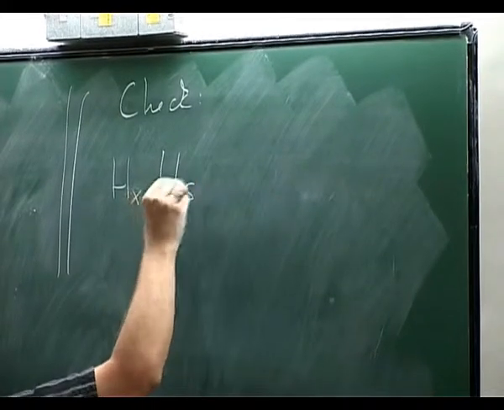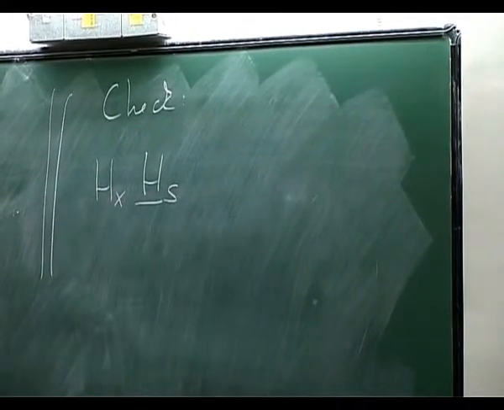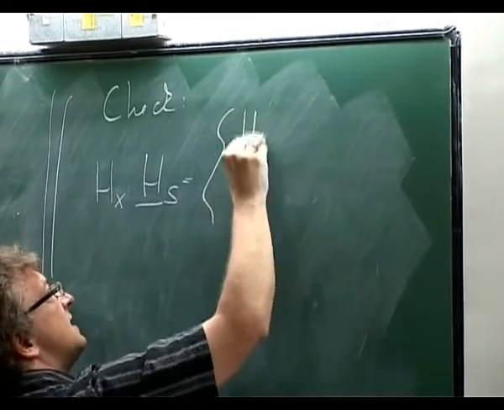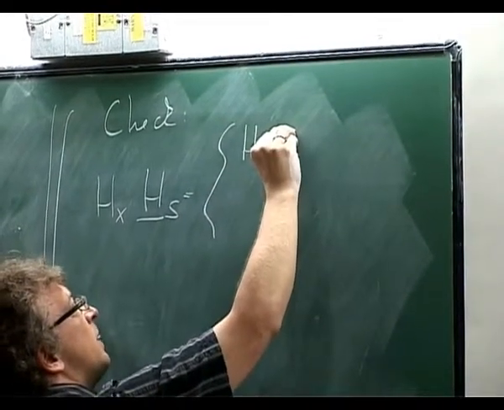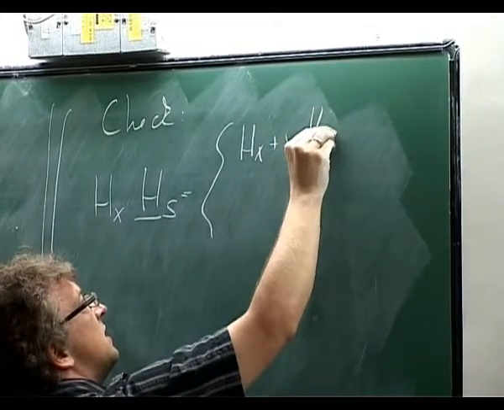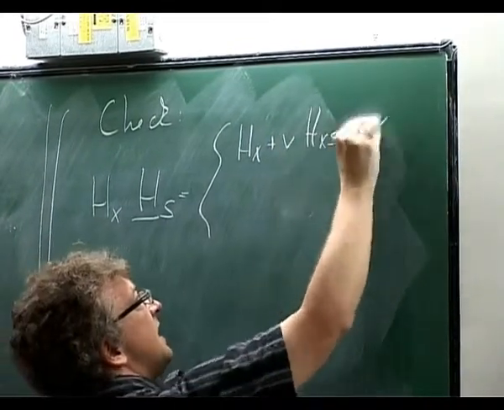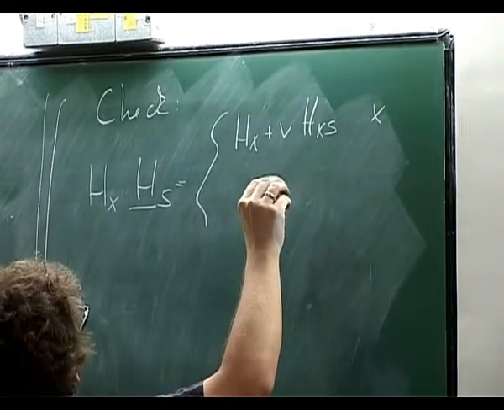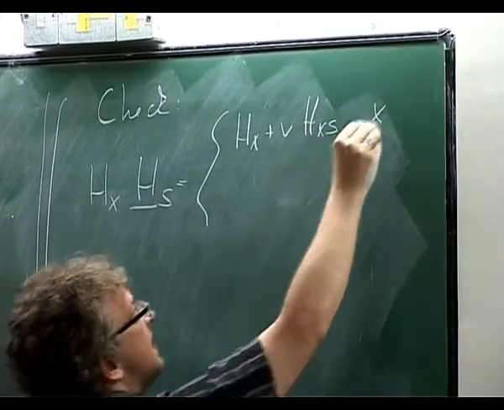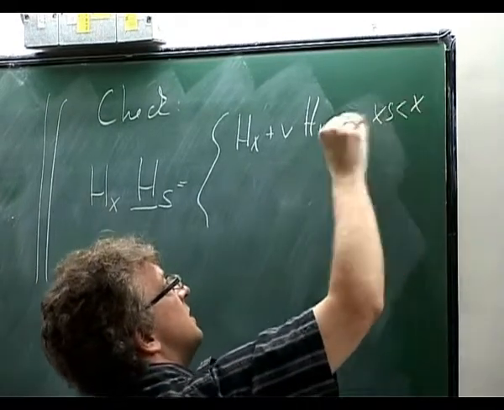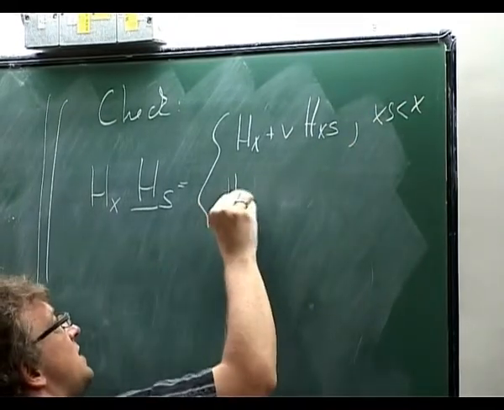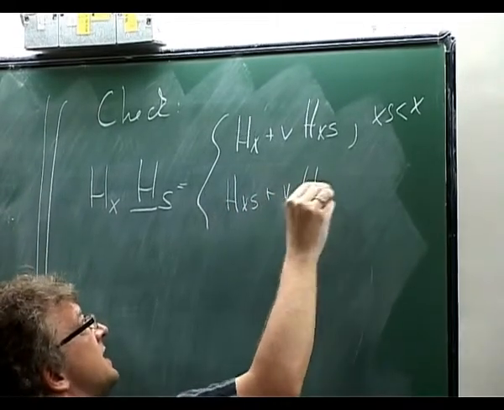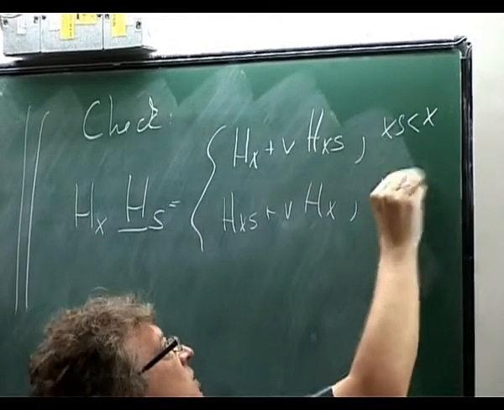if you multiply H_s from the right on one of these basis elements H_x, you get the following. So you get H_x plus v H_xs if xs is smaller than x, and you get H_xs plus v H_x if x is smaller than xs.